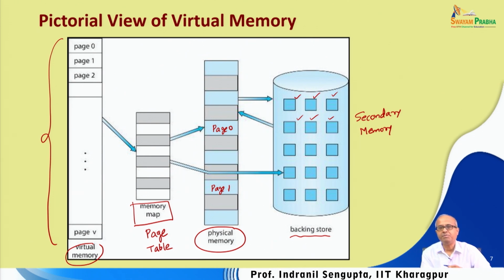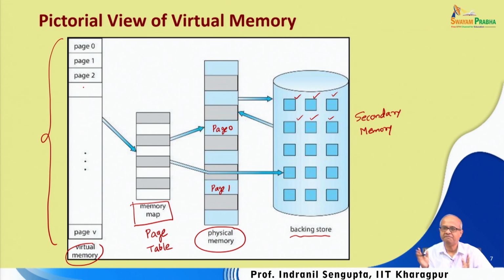Now, in virtual memory, the idea is that not all the pages are loaded in physical memory. You first consult the page table. There will be some information kept in the page table whether the page you are trying to refer to is presently in memory or not.